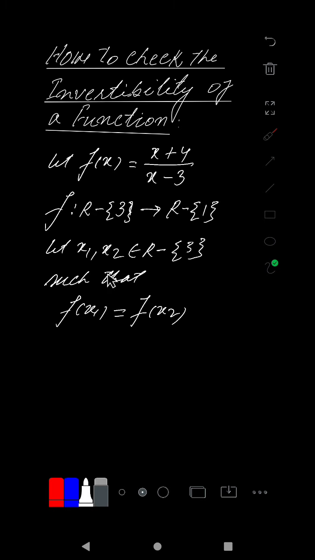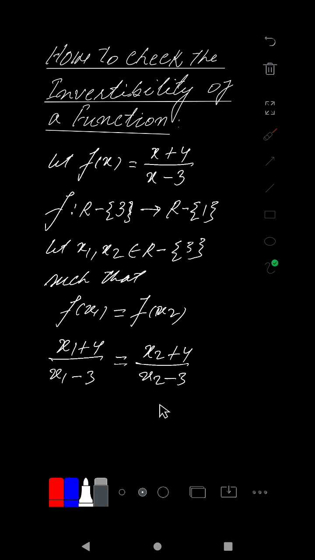Now f(x1) is obtained by replacing x by x1 in the function, so we have x1 plus 4 upon x1 minus 3 is equal to, and f(x2) is obtained by replacing x by x2 in the function, so we have x2 plus 4 upon x2 minus 3.